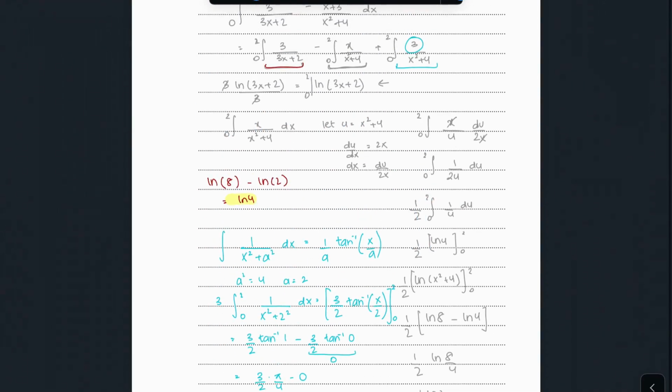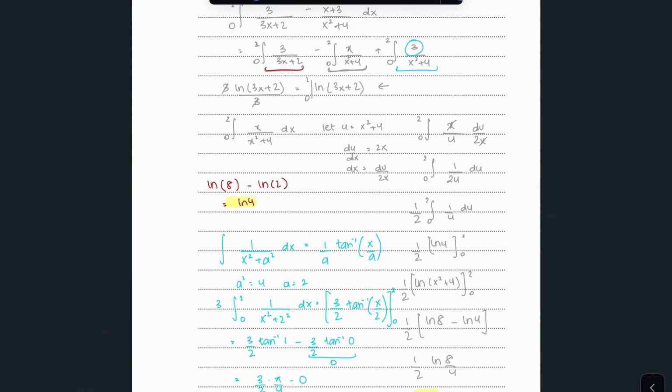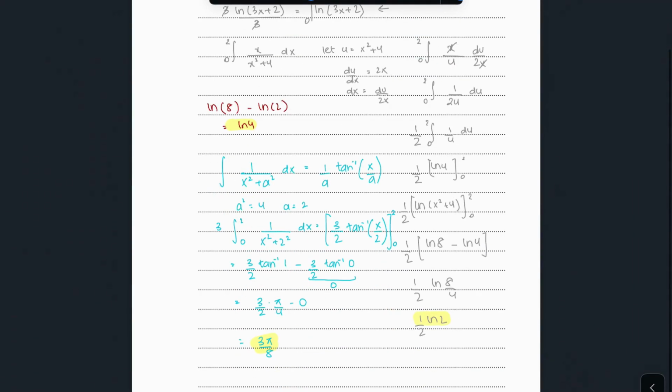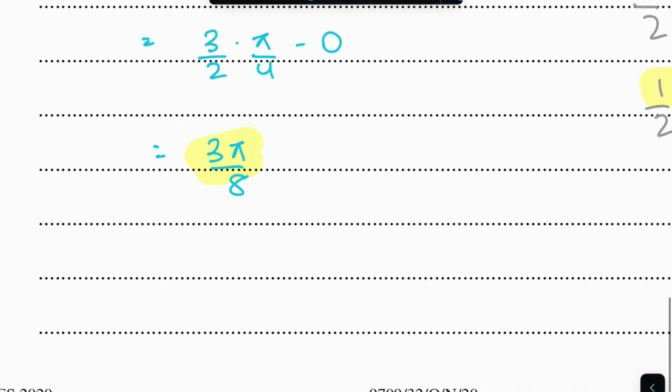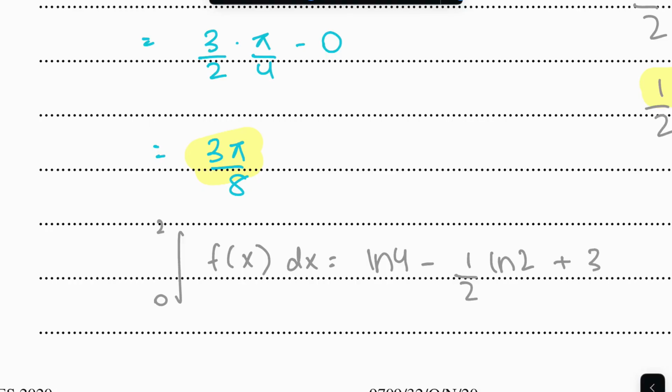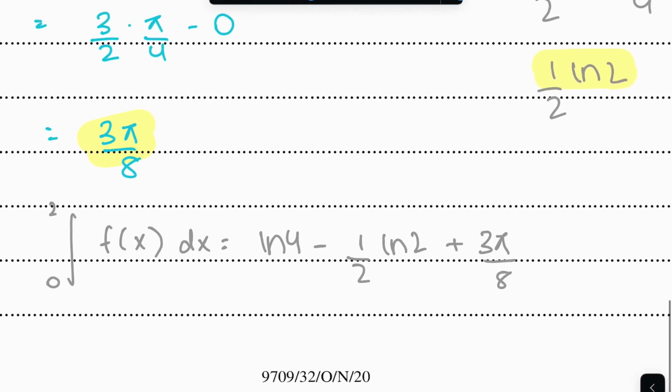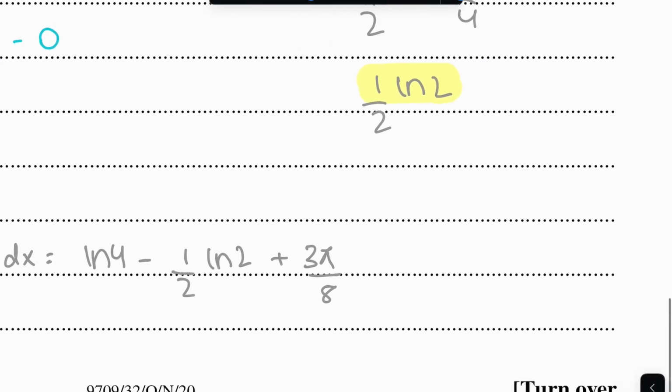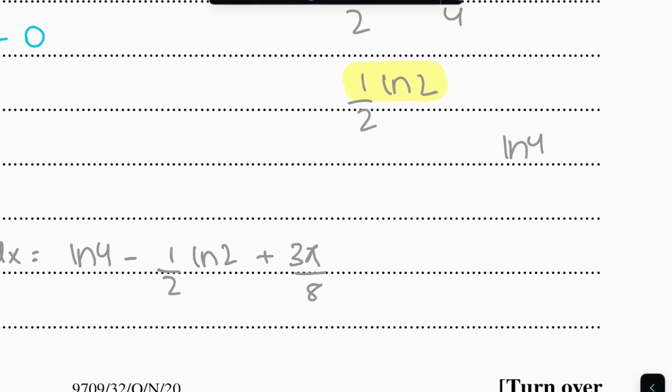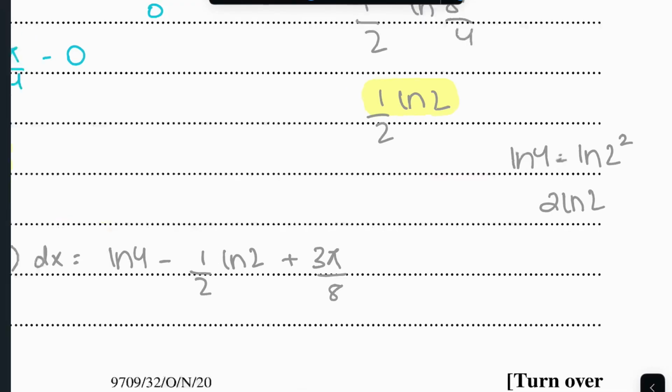So now we have the integral of the first part, and we found the integral of the second portion and the third portion. So let's rewrite it. So the integral of f of x dx is equal to ln 4 minus half ln 2 plus 3 pi over 8. Now you can see that ln 4 can also be written as ln 2 squared, and the power will come as the coefficient, so that is just 2 ln 2.